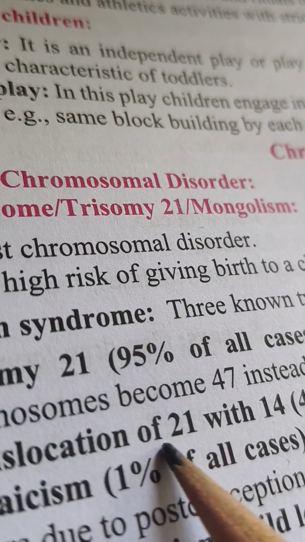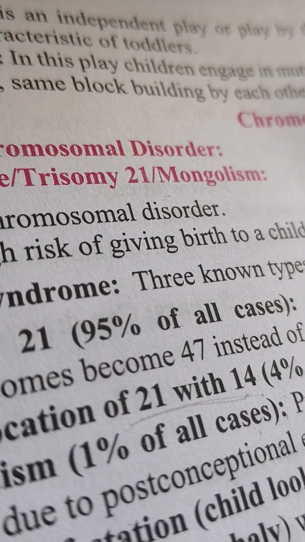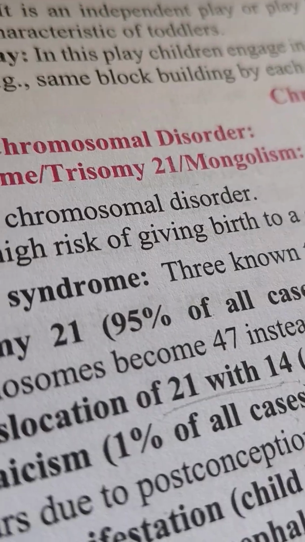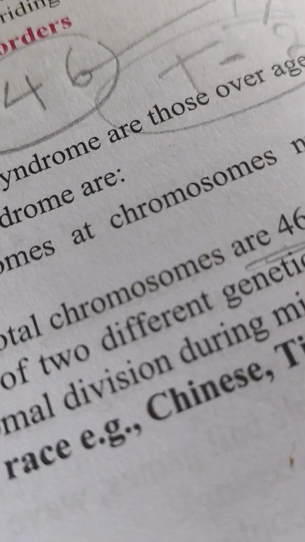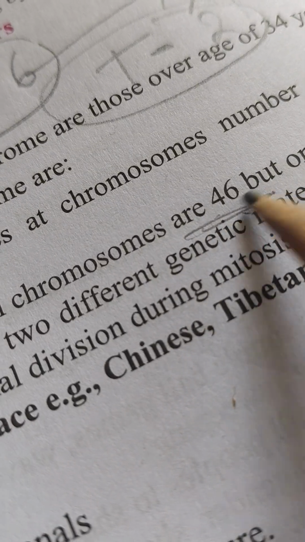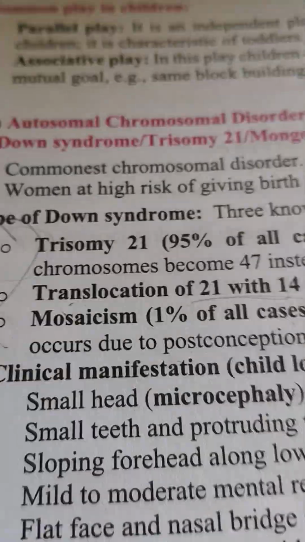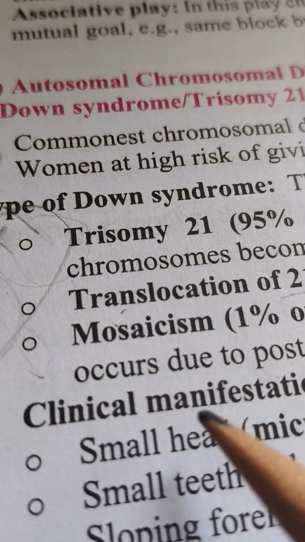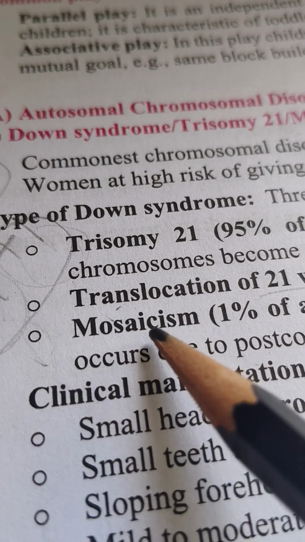It is not written in detail here, but there are 46 chromosomes, so the chromosome number is normal in translocation of 21 with 14, but one of them is large and atypical. That is the only chromosomal disorder there.